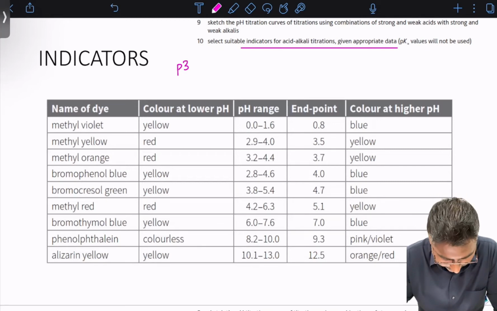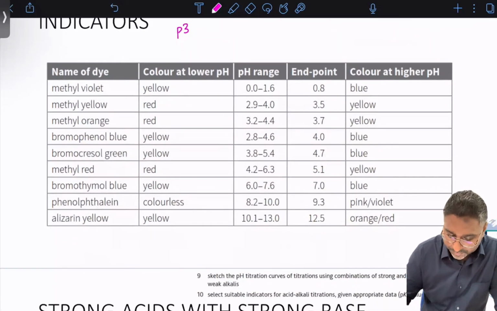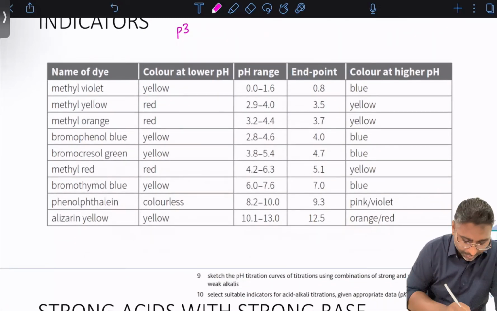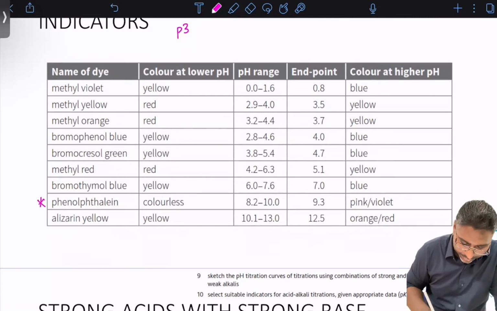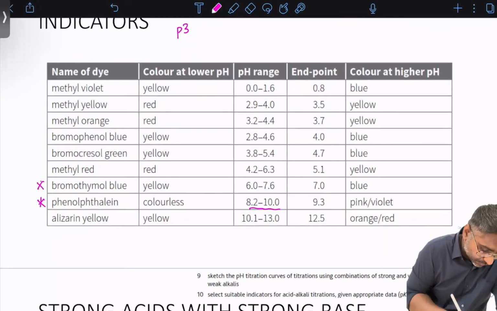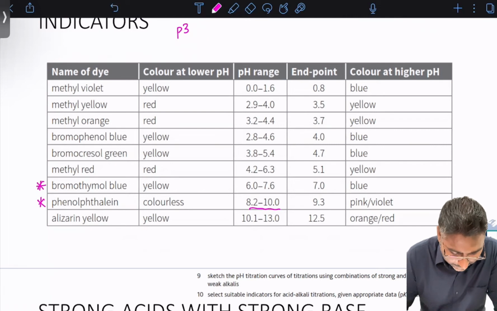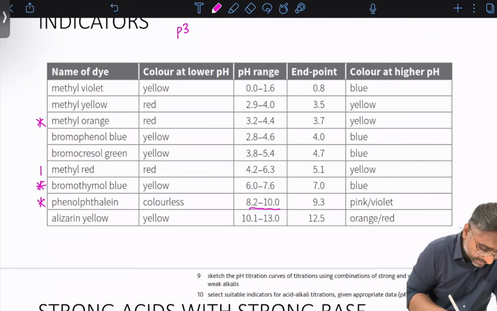But it's going to be crazy if I want you to memorize everything. Therefore, I will select 4 main indicators that you might want to consider memorizing, including the pH range as well. The popular ones are phenolphthalein, of course, 8.2 to 10, then bromothymol blue, methyl orange, and methyl red.